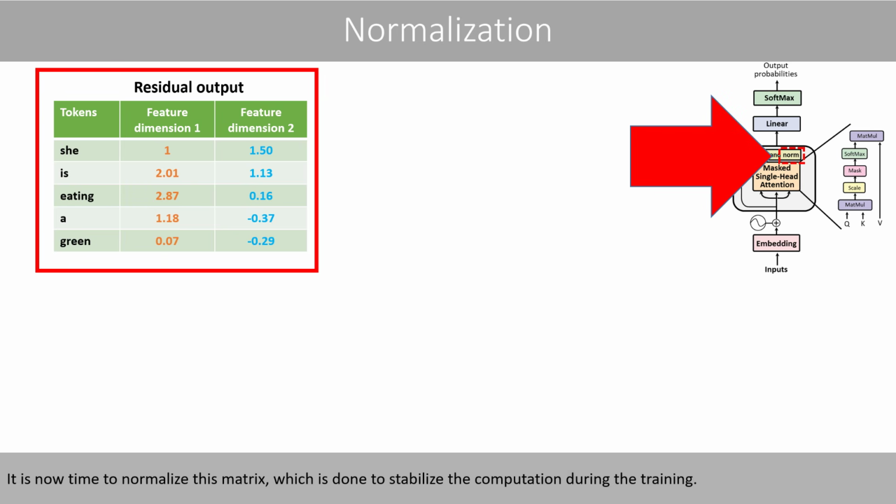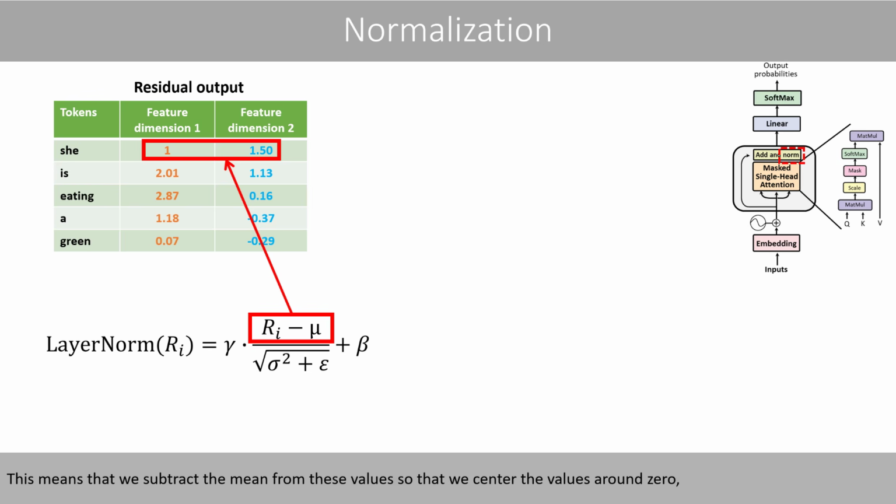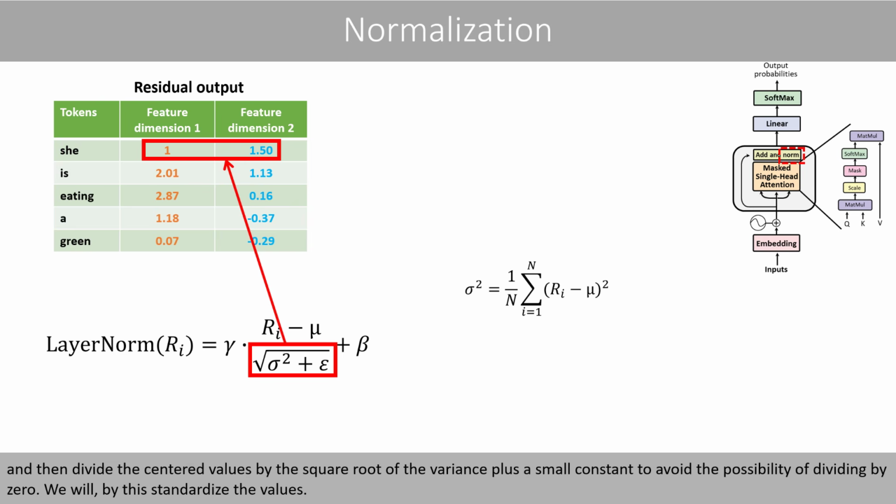It is now time to normalize this matrix, which is done to stabilize the computation during the training. This means that we subtract the mean from these values so that we get centered values around 0. And then divide the centered values by the square root of the variance plus a small constant to avoid the possibility of dividing by 0.